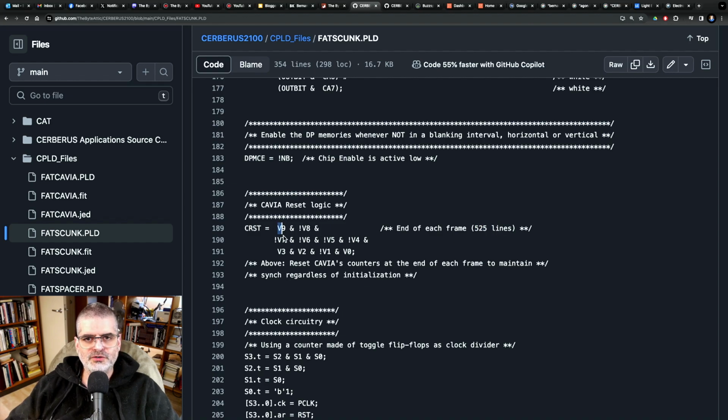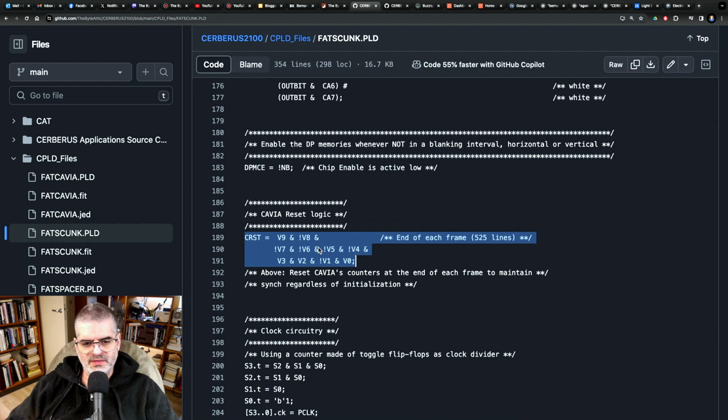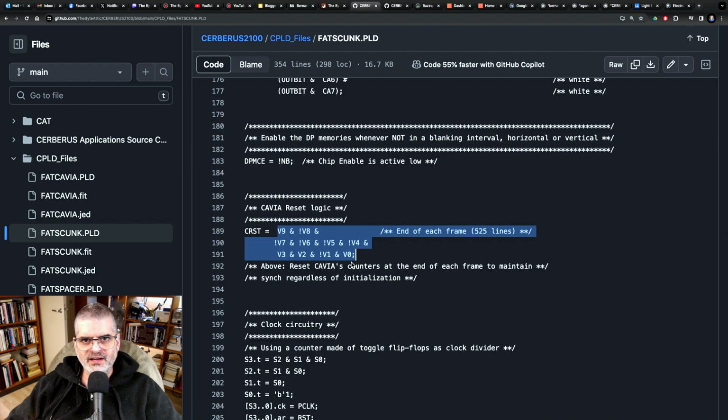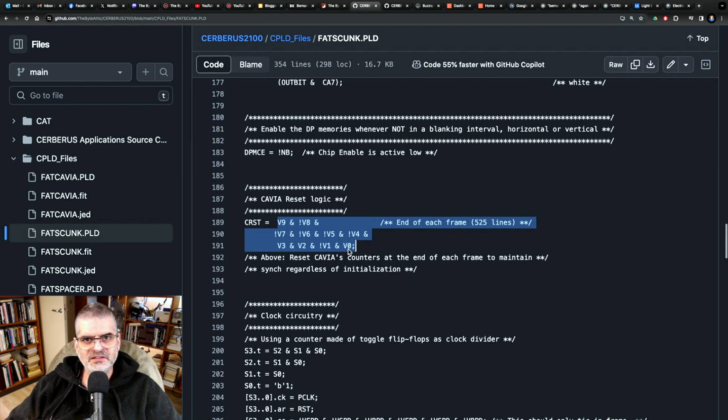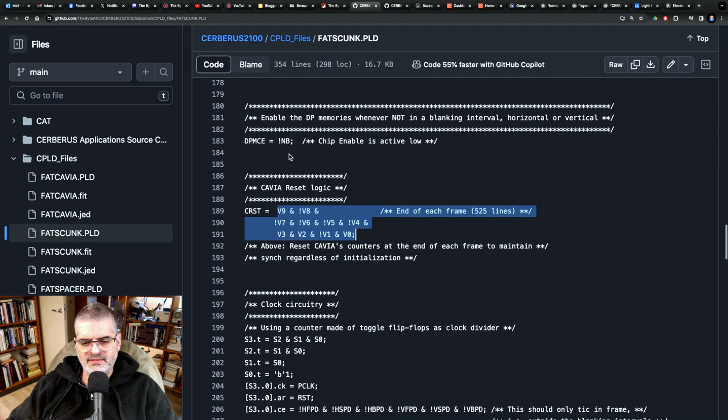And V is the vertical counter, which I didn't put in this file yet. It's below. So if you're a programmer, you may be confused with this. I am using variables here that I didn't define yet. I declared them, but I didn't define a value. How can I do that? Well, this is not code. This file here is not a temporal, a time-based sequence of instructions to be executed in order.